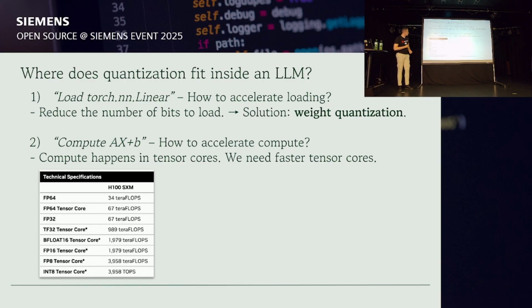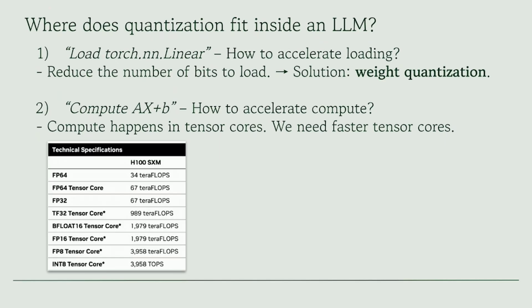If we look at the technical specification of the H100 GPU, this is where we are operating by default. All of the models are coming these days in BrainFloat 16, and the speed that we're getting these days from H100 is close to 2,000 teraflops. And that's what we can get.